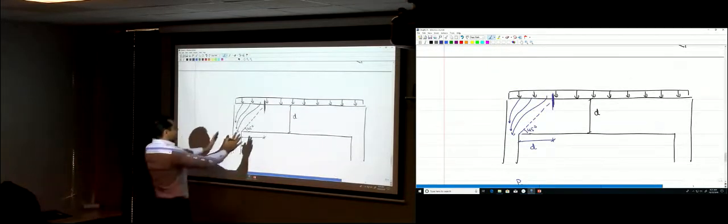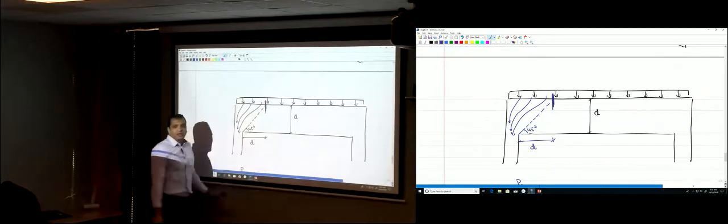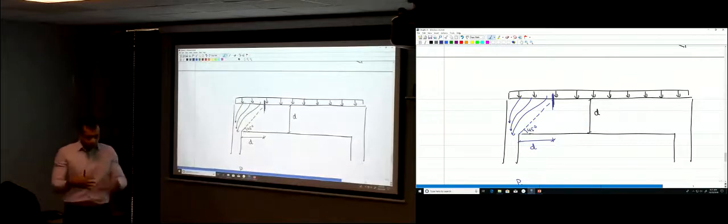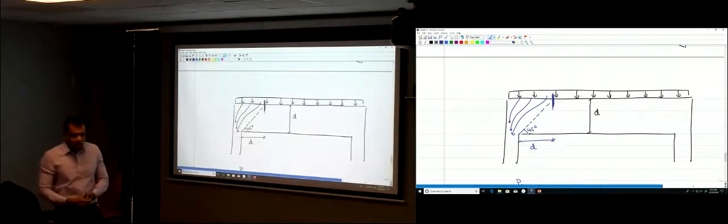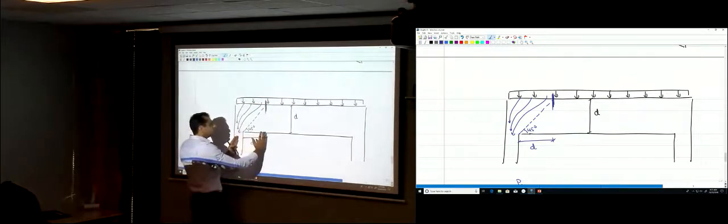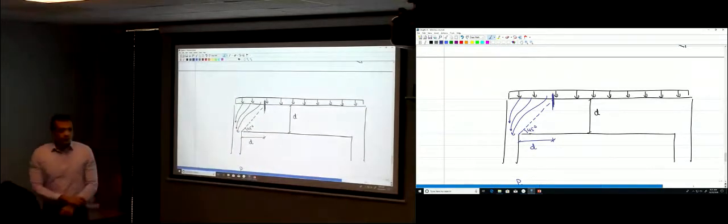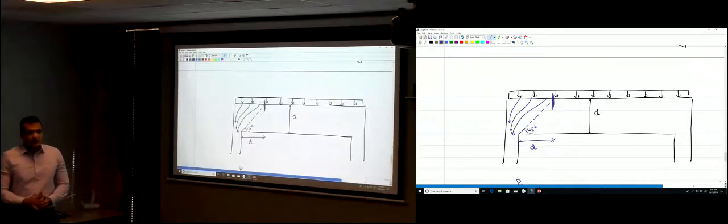Any load within this distance d will just travel to the support without resulting in any shear in the beam itself. So the ACI code allows you to design the beam for the shear force at a distance d from the support. That's why. Is it clear now?